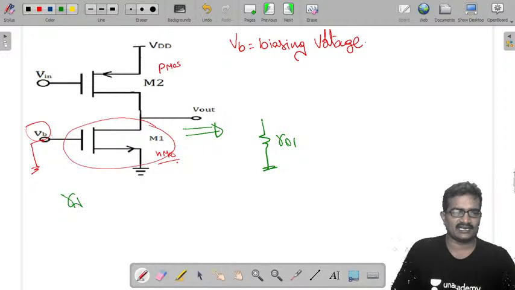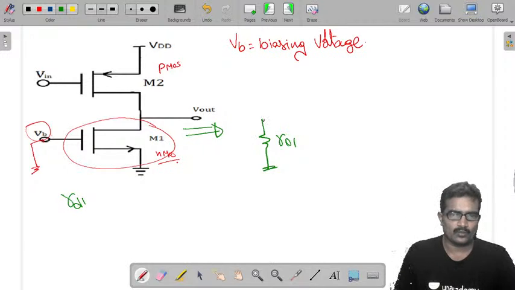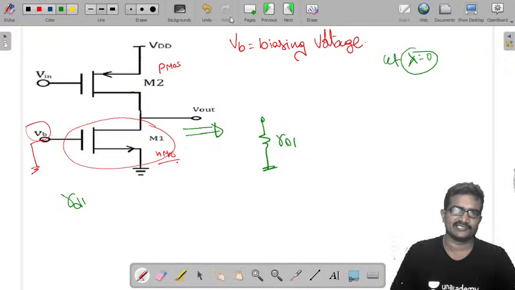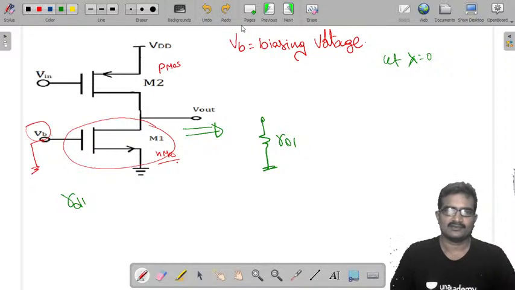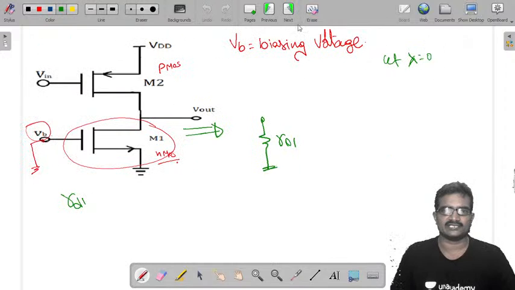It is nothing but RD1 what we mentioned. Now, I am considering channel length modulation, because they did not specify any channel length modulation.